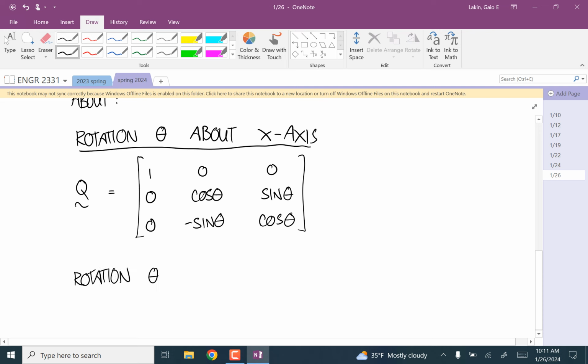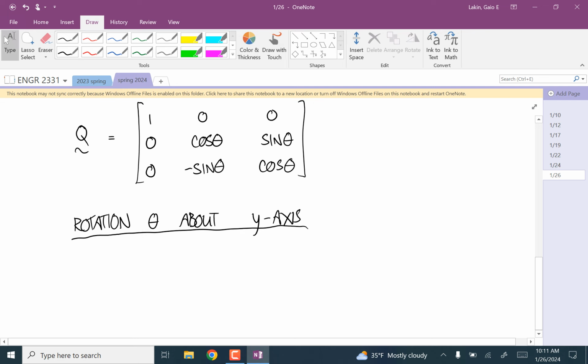A rotation theta about the y-axis, well, y always has to be a little bit difficult in some way. So you'll see the similarity in the pattern, but there's a switch in the signs. This is cosine theta, 0, negative sine theta, 0, 1, 0, sine theta, 0, cosine theta.